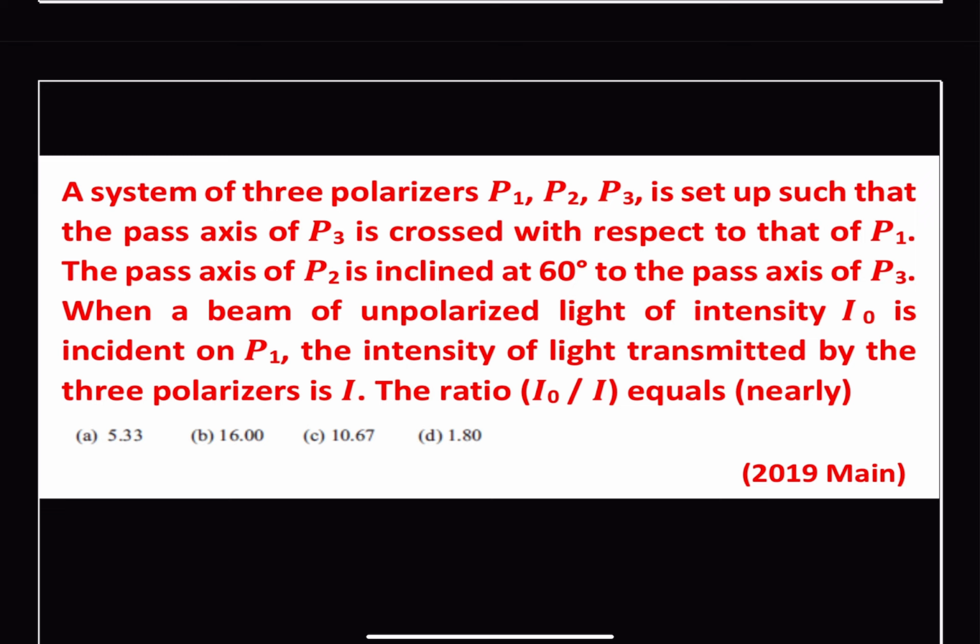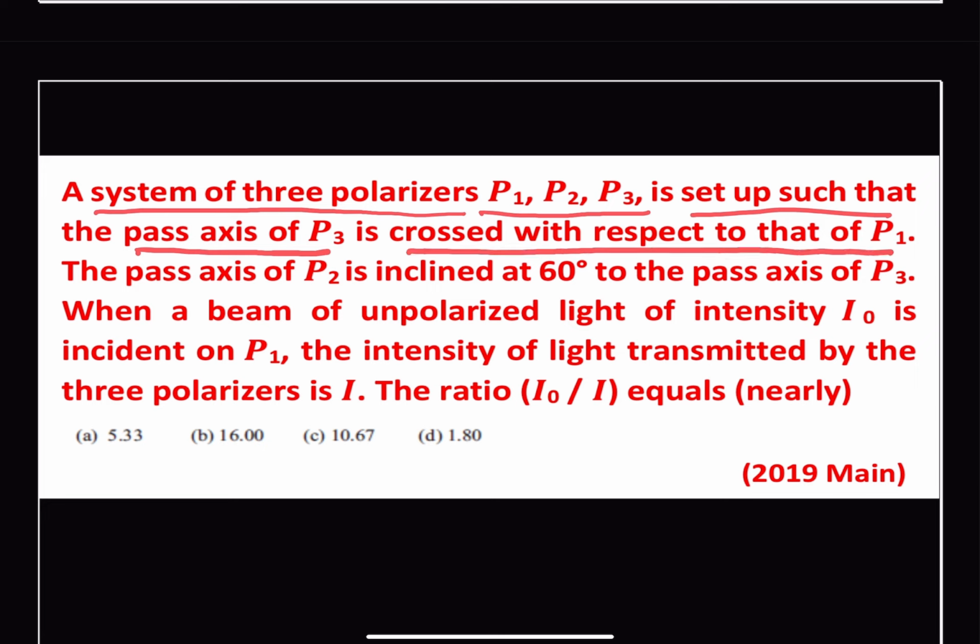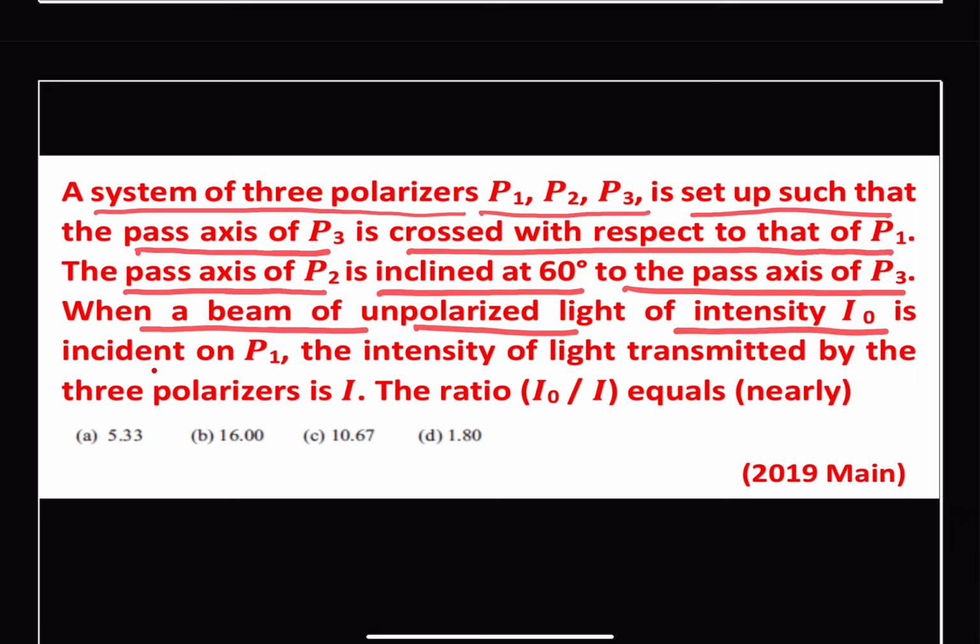And here it states that a system of three polarizers P1, P2, P3 is set up such that the axis of P3 is crossed with respect to that of P1. The pass axis of P2 is inclined at 60 degrees to the pass axis of P3. When a beam of unpolarized light of intensity I0 is incident on P1, the intensity of the light transmitted by the three polarizers is I. Then the ratio of I0 upon I is equal to?